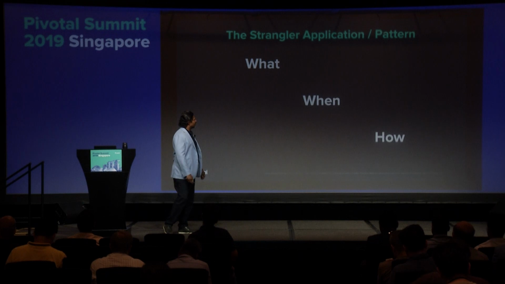So at some point in time, you can cut over a significant portion or even all of your legacy monolith. So that is pretty much the summary that I wanted to highlight.